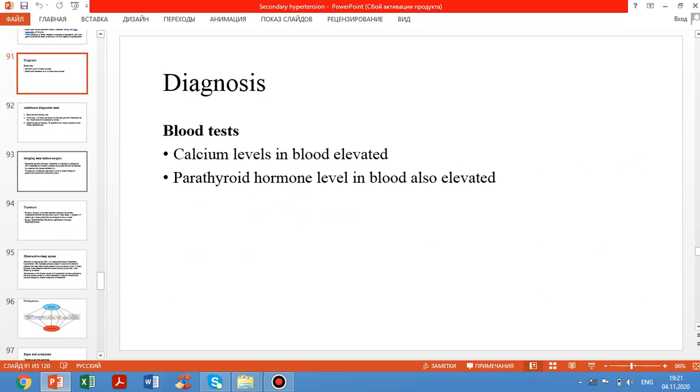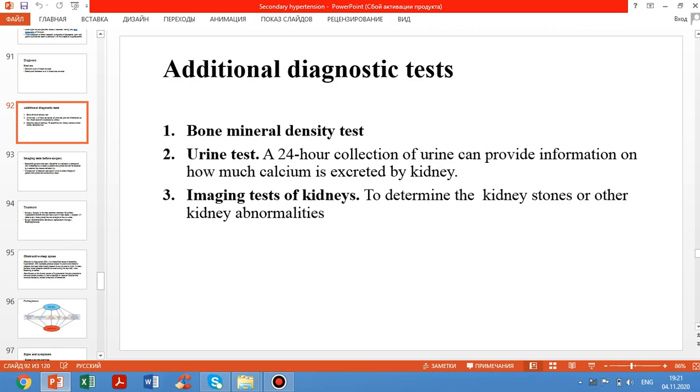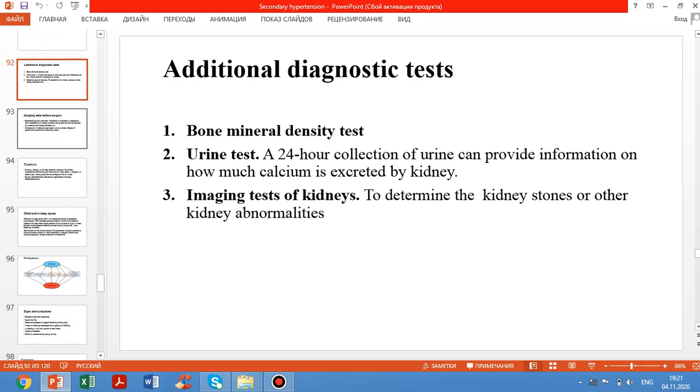Diagnosis: blood test, calcium level in the blood elevated, parathyroid hormone level in blood also elevated. Additional diagnostic tests: bone mineral density test, urine test, imaging test of kidneys.